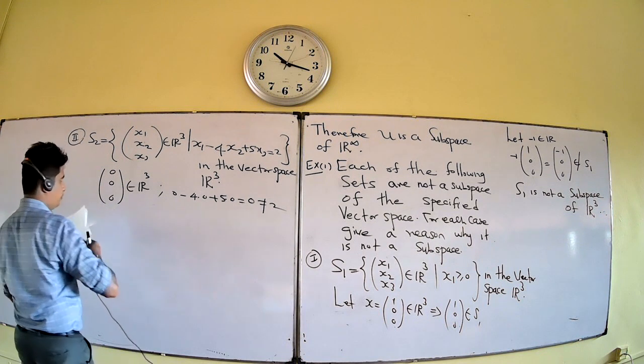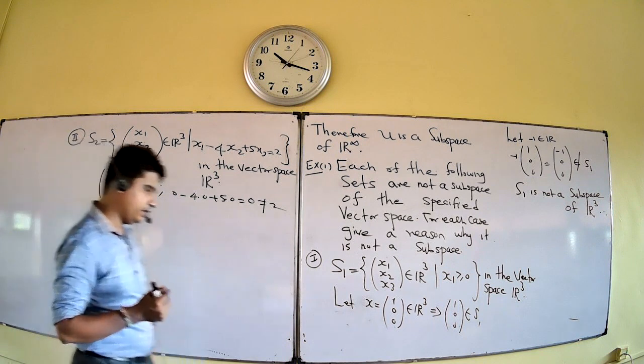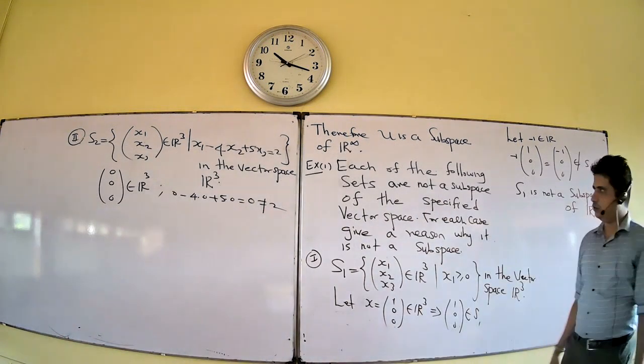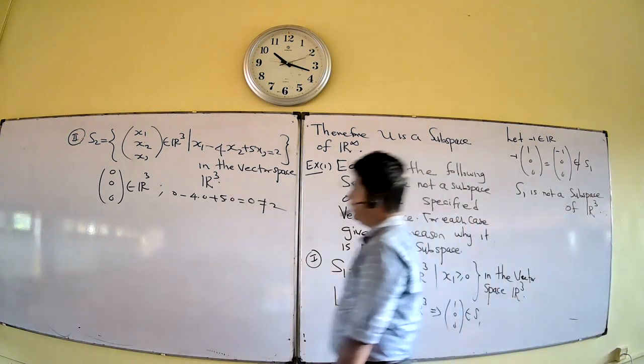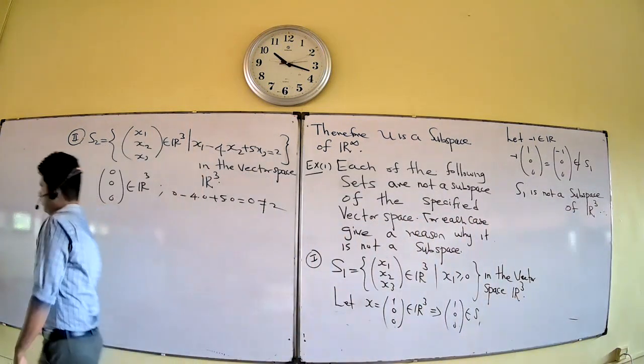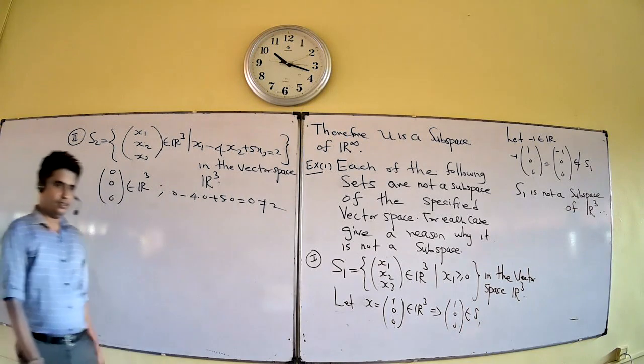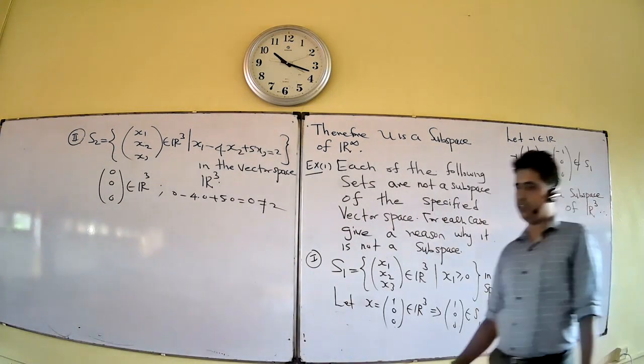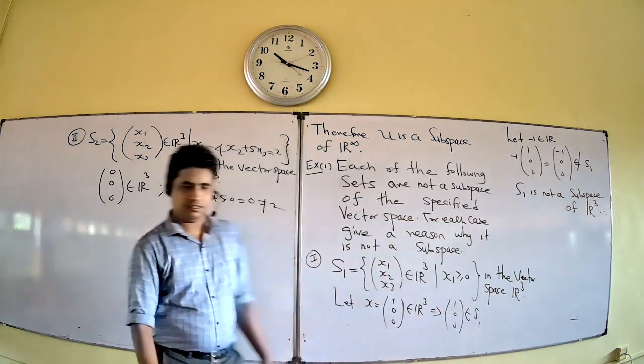You know, for a subspace, for any values of x1, x2, x3, this condition should be satisfied. Here, at least you take (0, 0, 0), scalar is 1, then 1 times (0, 0, 0) is not satisfying.